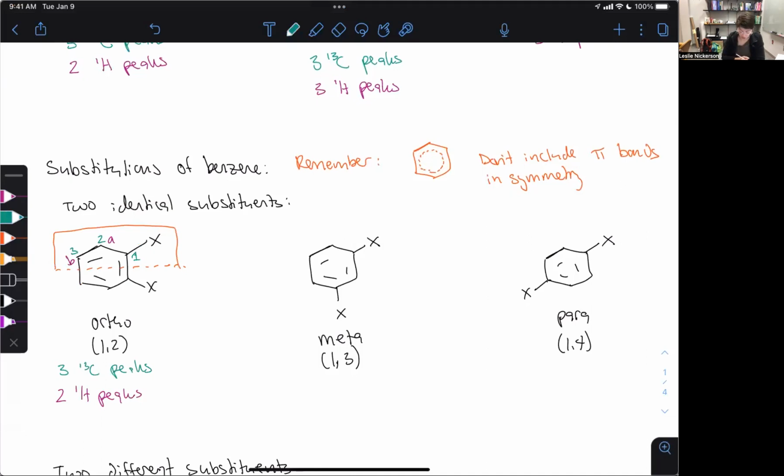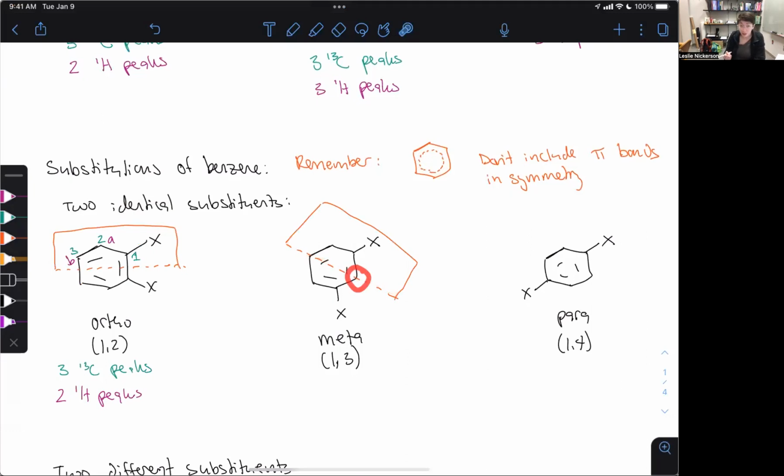All right, let's move on to the meta. For the meta substitution pattern, I've got a mirror plane right there. Okay, so I'm going to draw my box, and then we'll add in our numbers. The thing is, when you are putting a mirror plane through atoms that are carbon or hydrogen, if they are on the mirror plane, you have to count them as a unique environment as well.